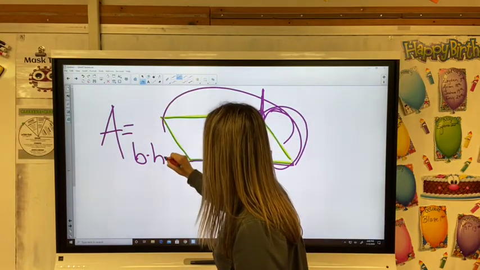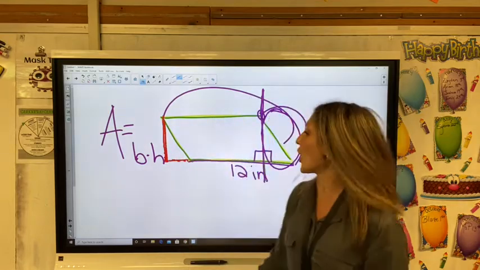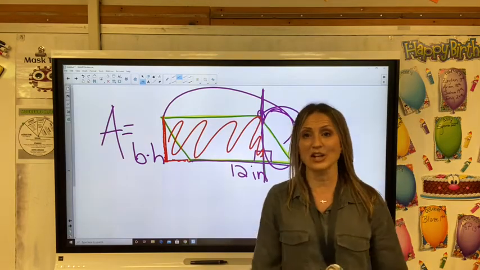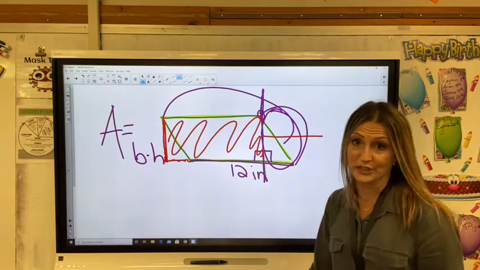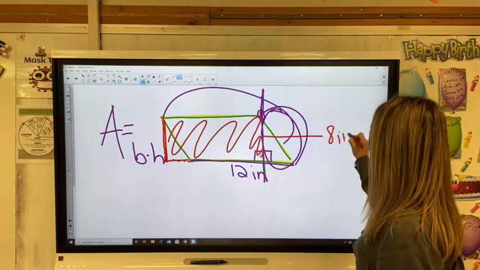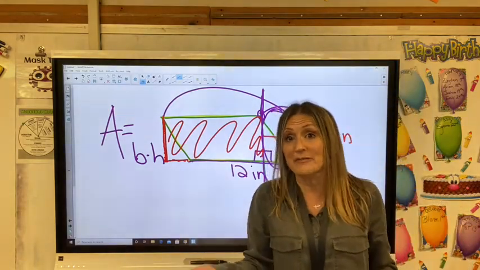And when I do that, it will fit perfectly into a figure I already know I can find the area of, and that is a rectangle. And then once I know what this is right here, which is the height, and I'm going to say it's 8 inches, I can then multiply those two things together and find the area of my parallelogram.